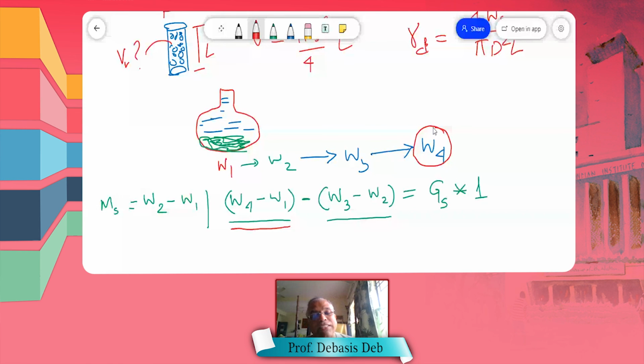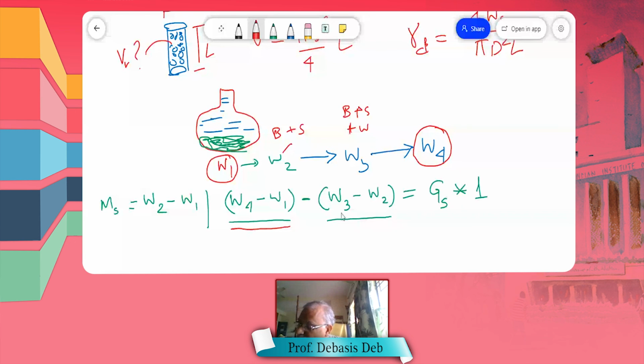So W4 minus W1 is the weight only of water of the complete bottle. Now, W3 minus W2: W3 is bottle plus sample plus water, and W2 is bottle plus sample.